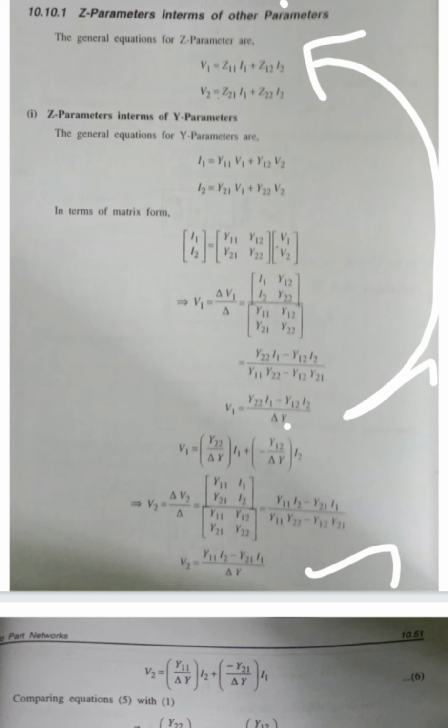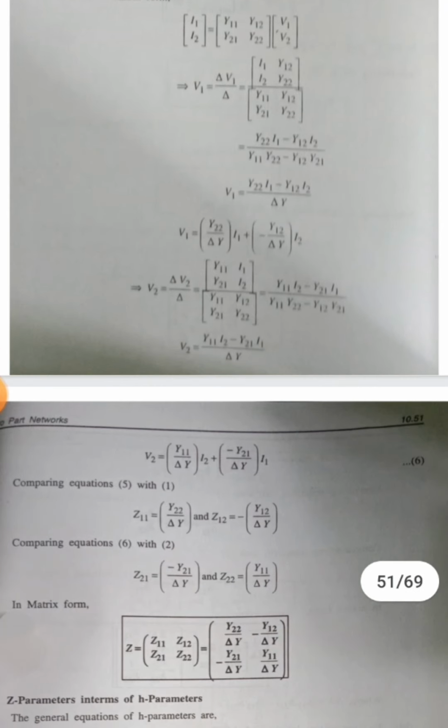So compare these two equations. You get the values of Z11, Z12, Z21 and Z22. Z parameter in terms of y parameter is done.